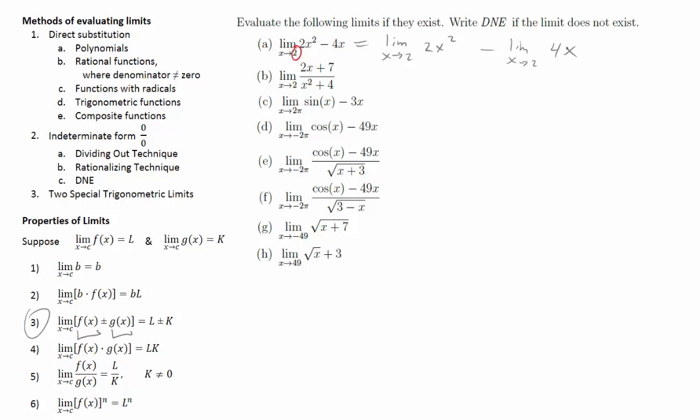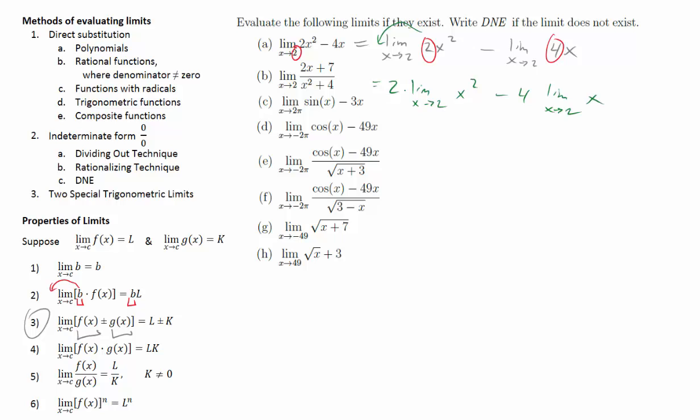Now the next law I'm going to apply says that if I have a scalar multiple, I can just take that outside of the limit. In this case, I have a 2 and a 4 inside my limit, so we can take them out: 2 times the limit as x approaches 2 of x squared minus 4 times the limit as x approaches 2 of x.